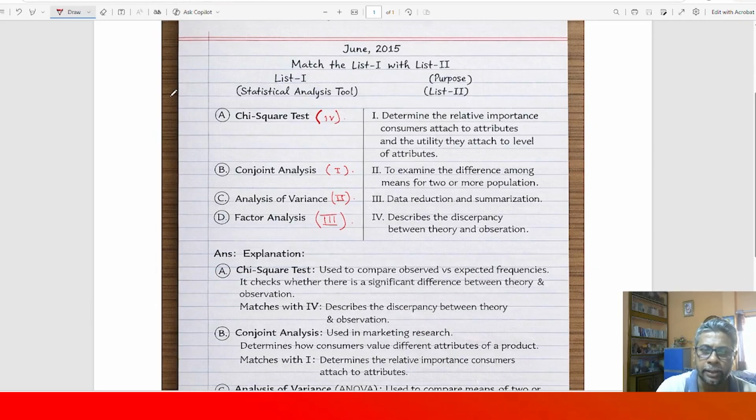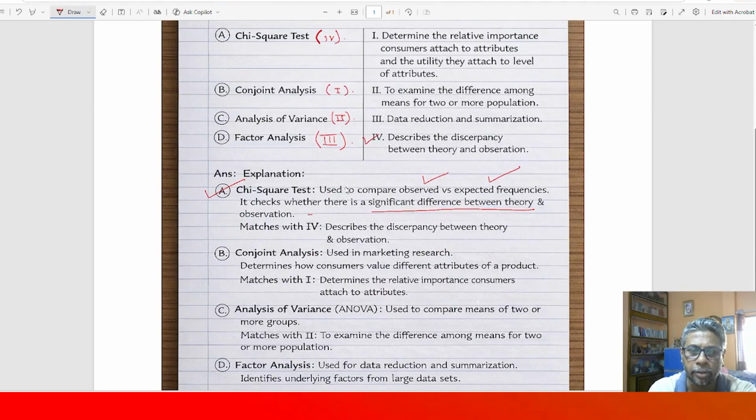The chi-square test is related to 4: describing the discrepancy between theory and observation. The chi-square test compares observed versus expected frequency. It checks whether there is a significant difference between theory and observation.